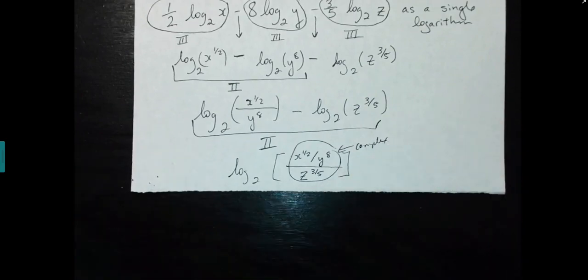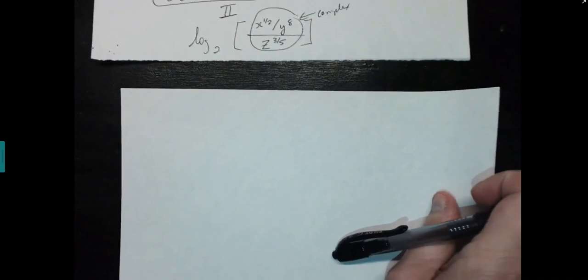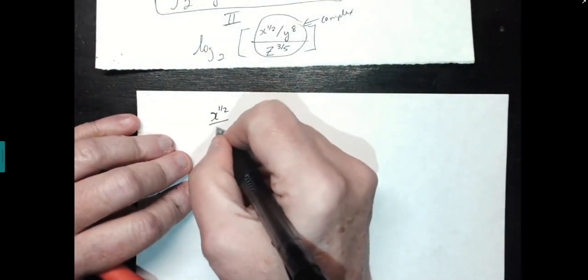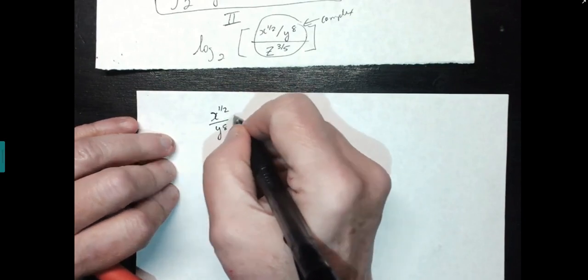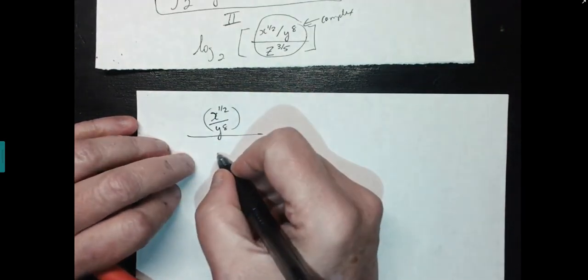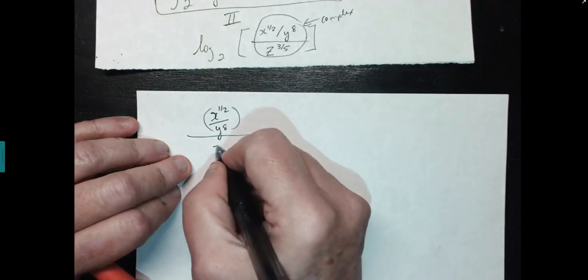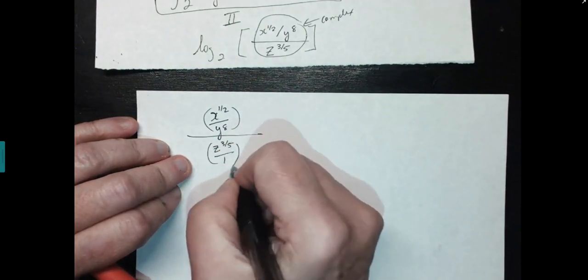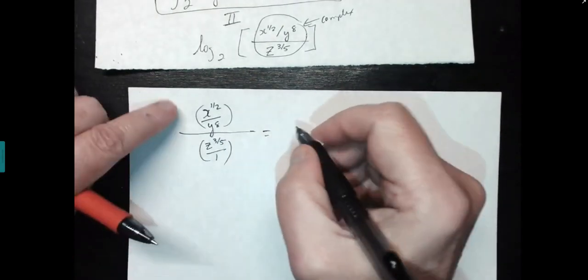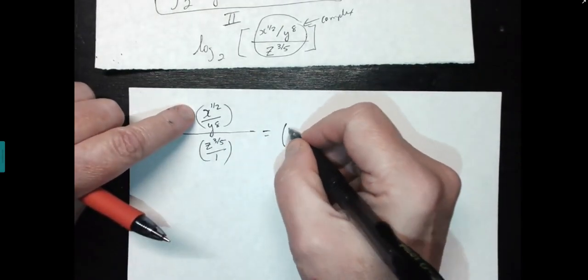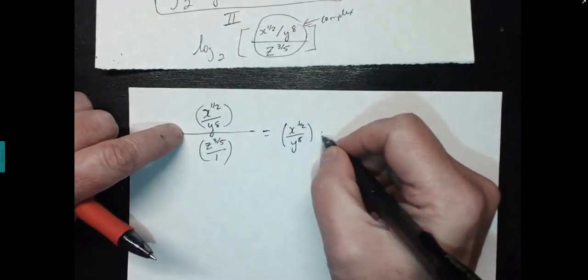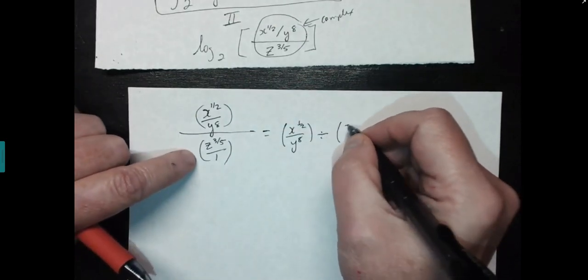So in the numerator, I've got that. And in the denominator, I've got z to the 3/5. Now, I'm going to make that into a fraction just by putting it over 1. So what I have here is this fraction divided by this fraction.